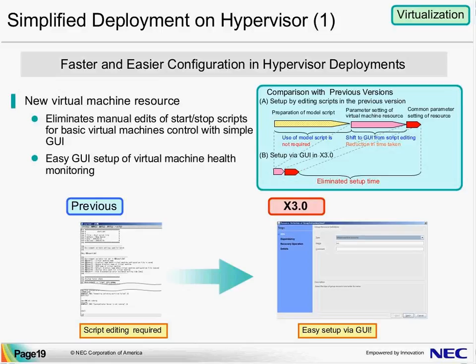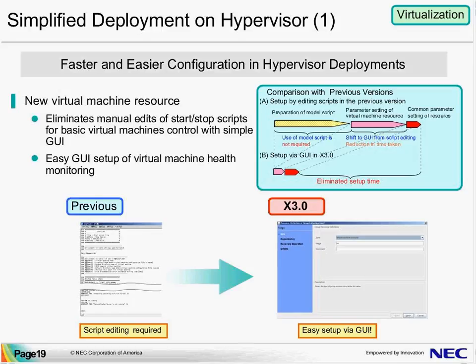So this chart here basically shows that instead of having to script the protection of virtual machine workloads, ExpressCluster can now be configured to protect virtual machine workloads using the GUI wizard. So this can significantly reduce the amount of time required during setup.